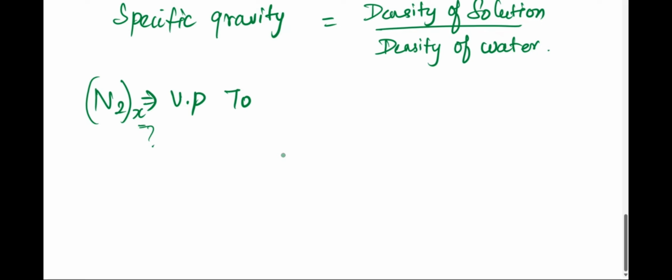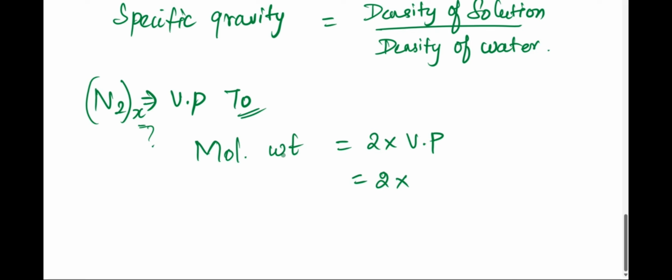Here comes one more formula, the most important formula, that is molecular weight of the gas, which is equal to 2 into vapor density. So 2 into vapor density, they have given us 70, which is equal to 140.